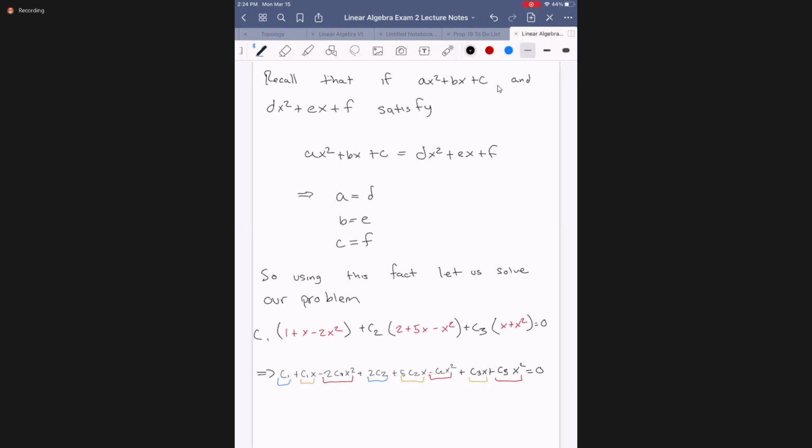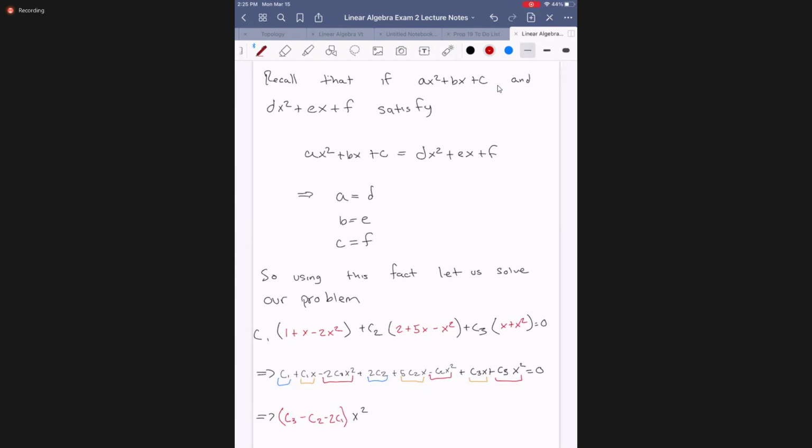Now gather all of them and factor out an x squared. What I'm going to have in front for that one is c3 minus c2, minus 2c1.